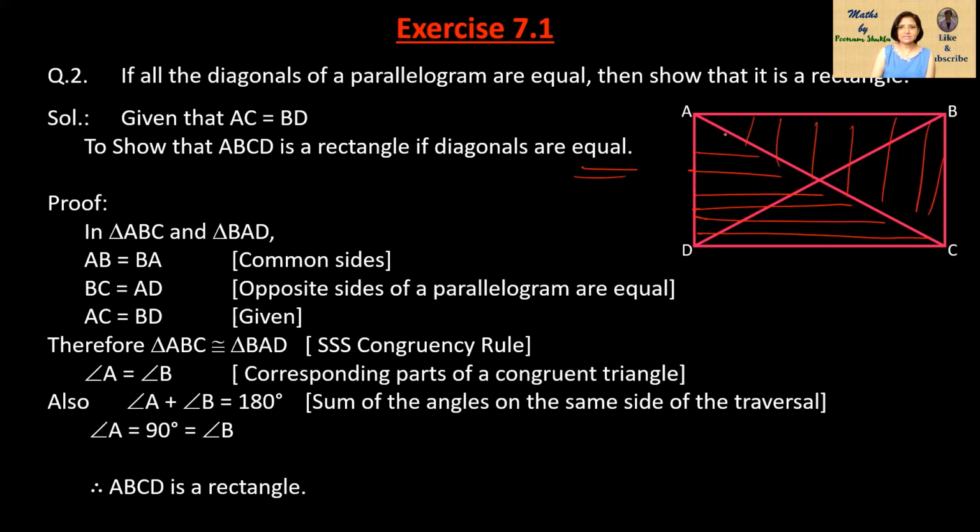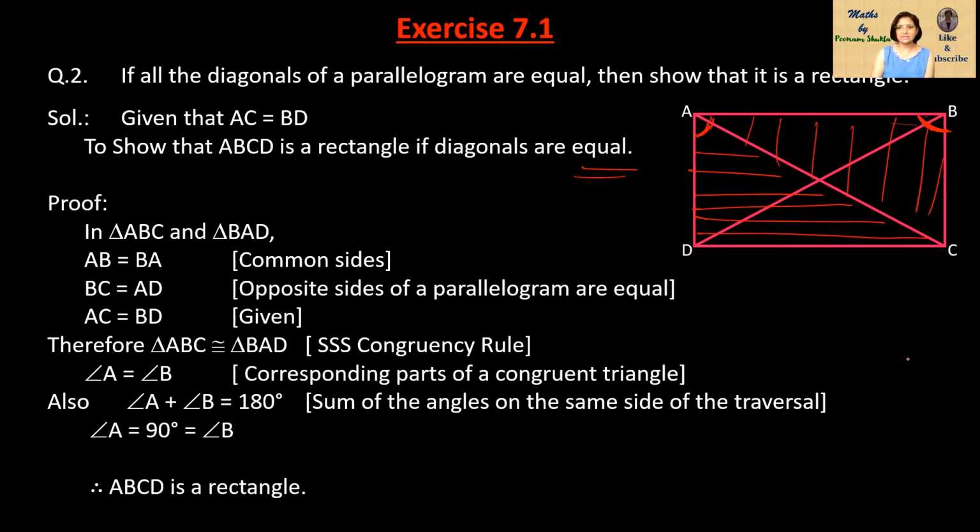So in that case, angle A equals angle B, by corresponding parts of congruent triangles. And then angle A plus angle B equals 180, because these two lines are parallel. In a parallelogram, as we have read in the properties, adjacent angles are supplementary, equal to 180.